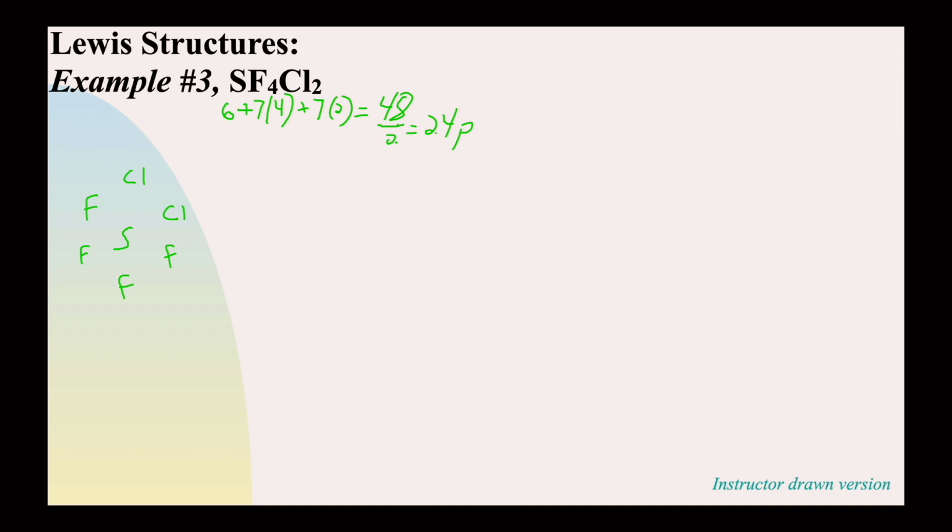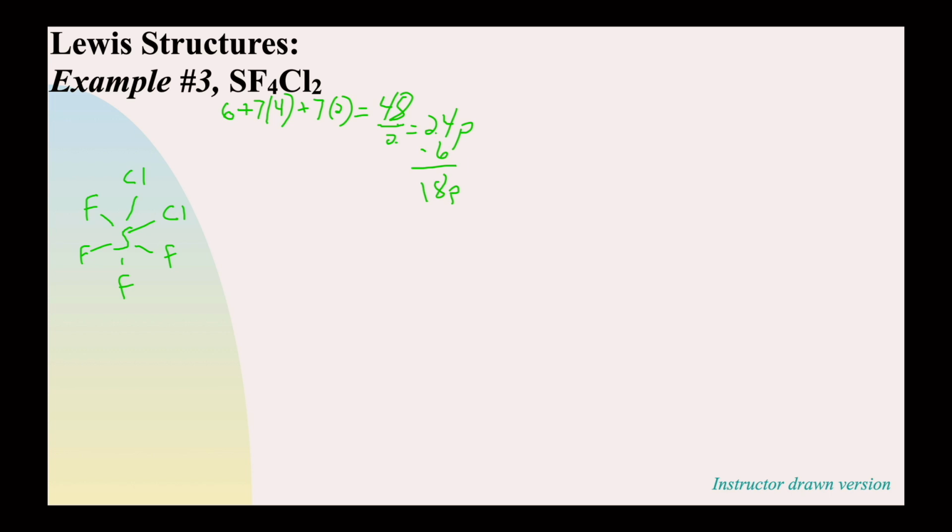So with the pairs, you have to connect the outer atoms to the inner atoms. So right away, I'm going to put a single bond between the middle sulfur and those outside ones. That's 6 of my 24 pairs. That means I have 18 pairs left to go. Now I'm going to try and put lone pairs on the outside atoms first, giving them an octet.